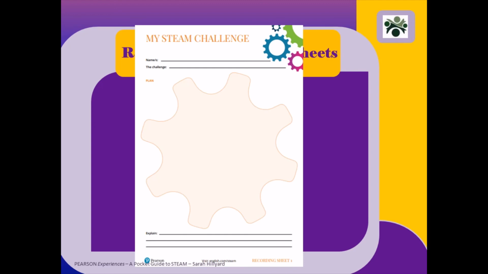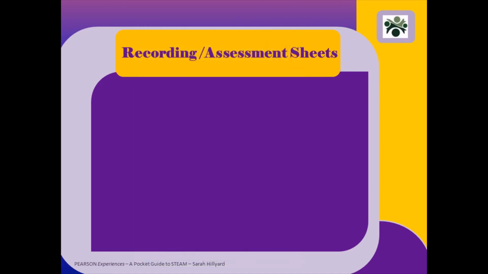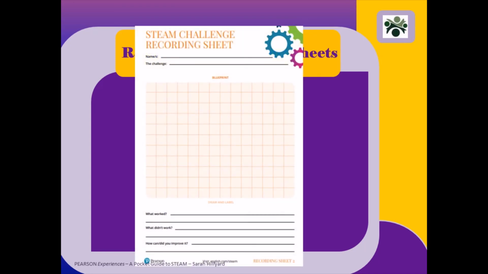Young learners who might not be proficient writers can draw their plan or result and just write a few words about it, such as a list of materials or simple sentences explaining what it is. For older students, this recording sheet includes a blueprint area where labeling is very important and some questions to help them describe and reflect.